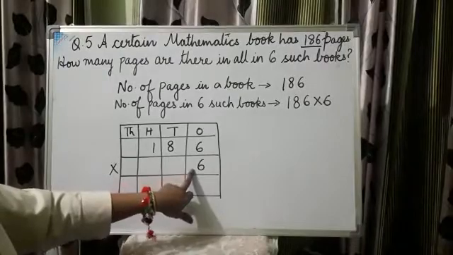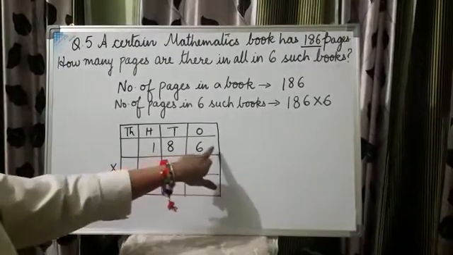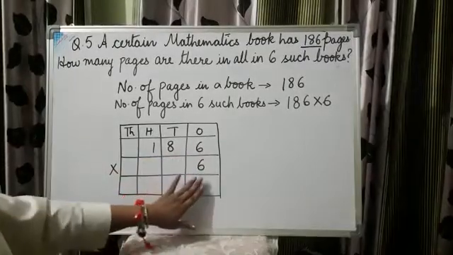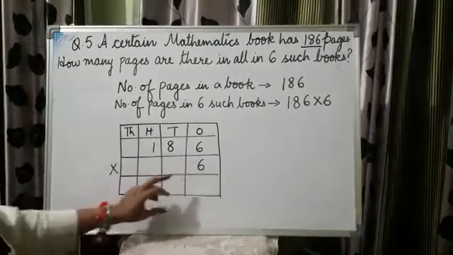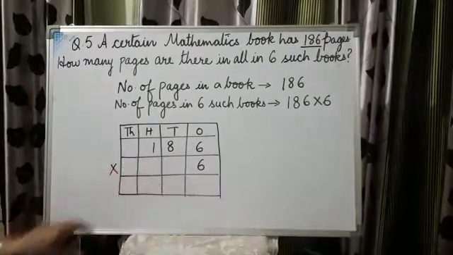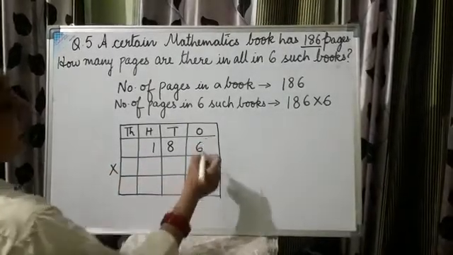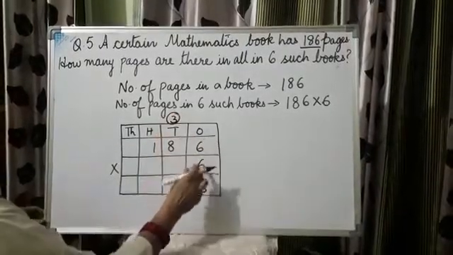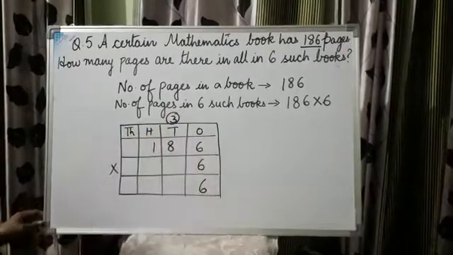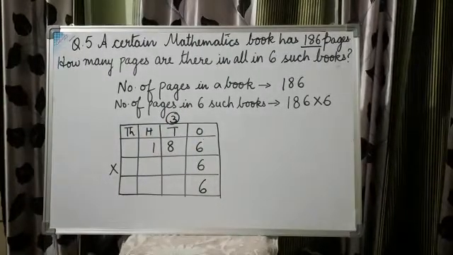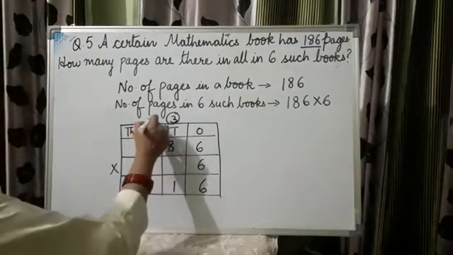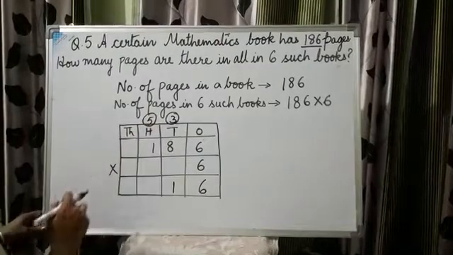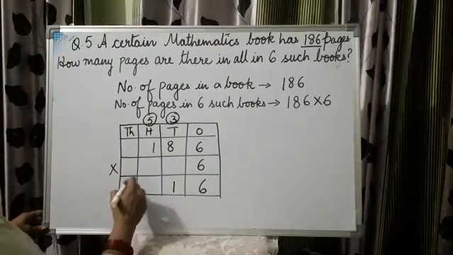Now this multiplier which has to be multiplied with the 186 multiplicand is a single digit. So we are straight away going to get the product by multiplying 6 with all these digits. 6 6s are 36. 6 here, 3 carried to the next place. 6 8s are 48 plus 3 the carried over is 51. 1 here and 5 again carried to the next place. 6 1s are 6 plus 5 will be 11.